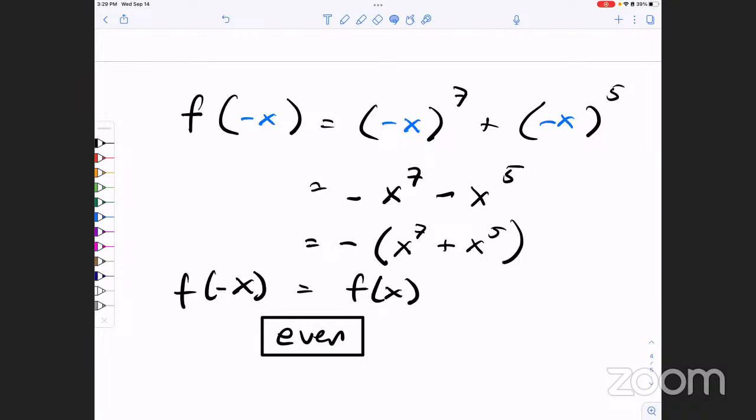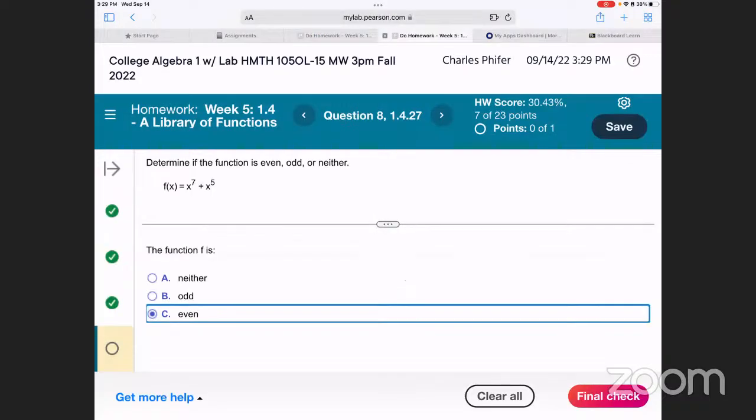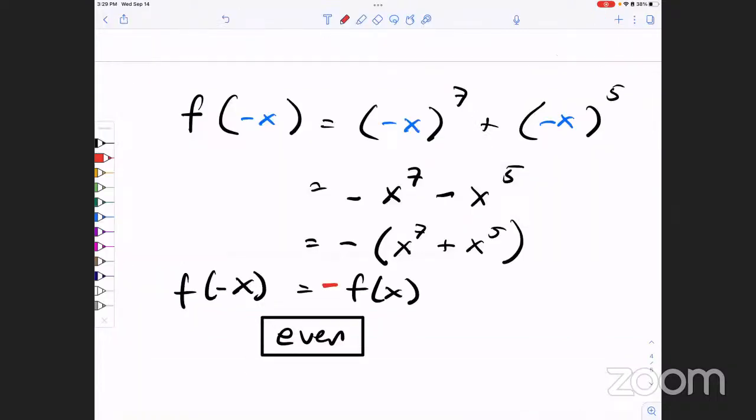Let's see, that one we got even. Wait a minute, no. Sorry, I told you I'm drifting. This is negative times the original, right? So that means that this is odd.